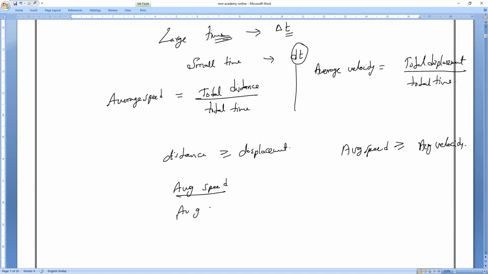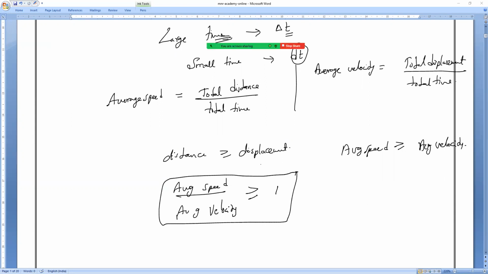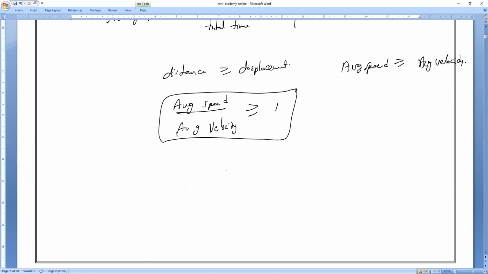It is always greater than or equal to 1. As distance is always greater than or equal to displacement, average speed is also always greater than or equal to average velocity. That is what you have to remember. Everybody clear? Understood?